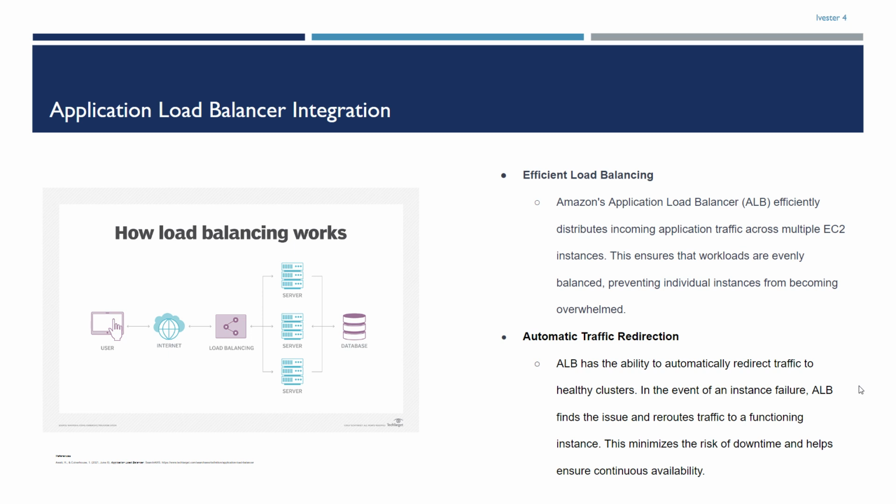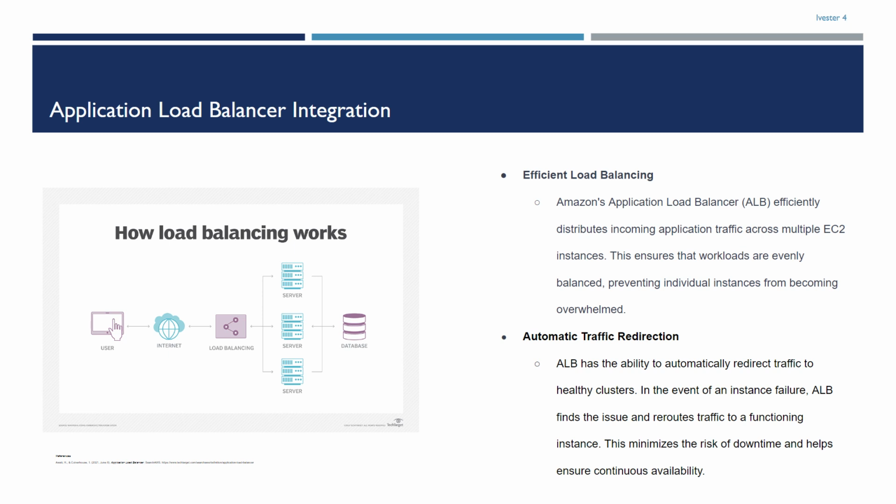So next, we're going to be talking about the application load balancer integration, or the ALB. It's another AWS-powered system. Its capabilities ensure that any incoming application traffic is going to be evenly distributed across multiple EC2 instances.